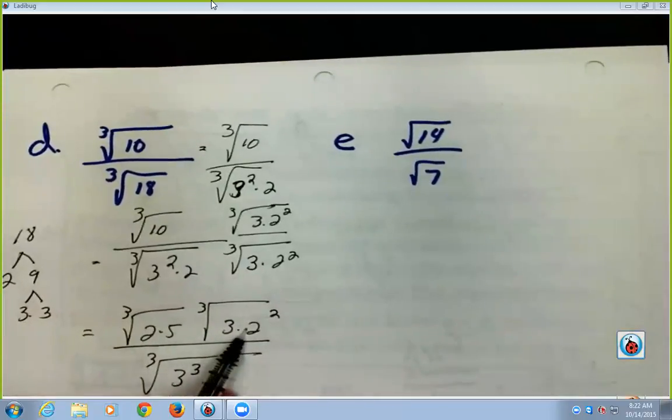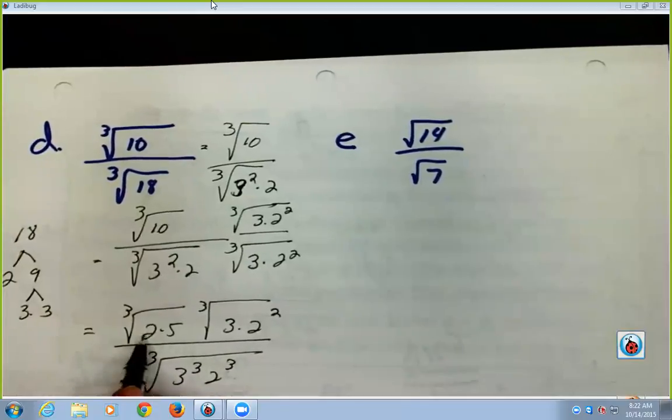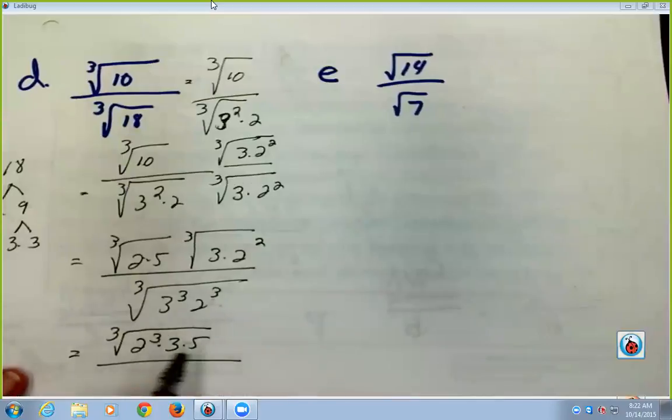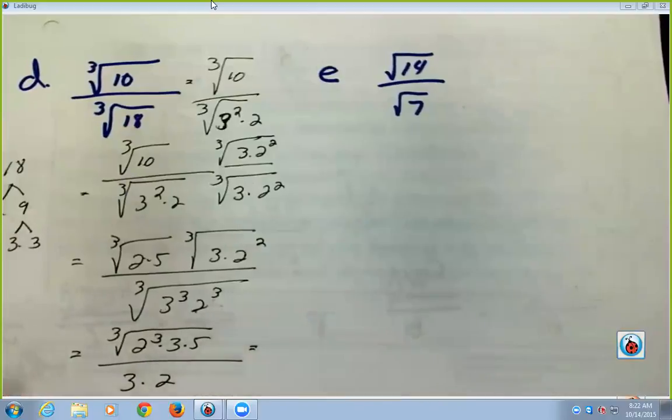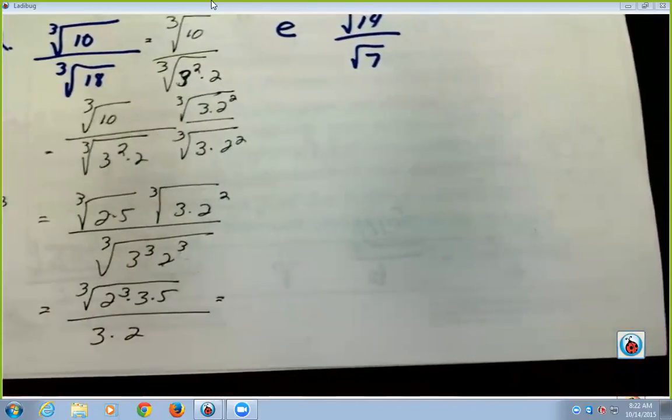I can put these 2's together and pull out a 2. So under my top radical, I'm going to have 2 and a 2 squared gives me a 2 cubed, a 5 and a 3. And in the bottom, I pull out my 3. I pull out my 2. But in the top, what can I still pull out? So sometimes you get some combinations that are going to give you more things in the top you can pull out.